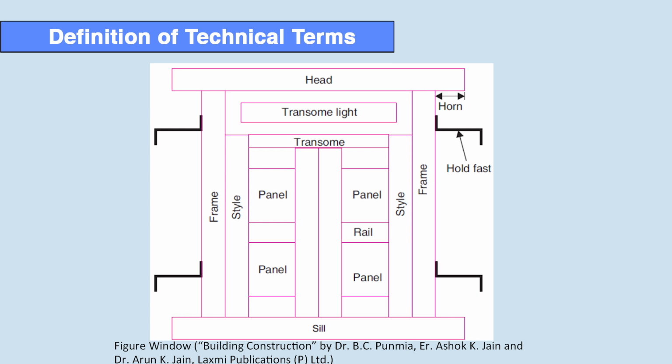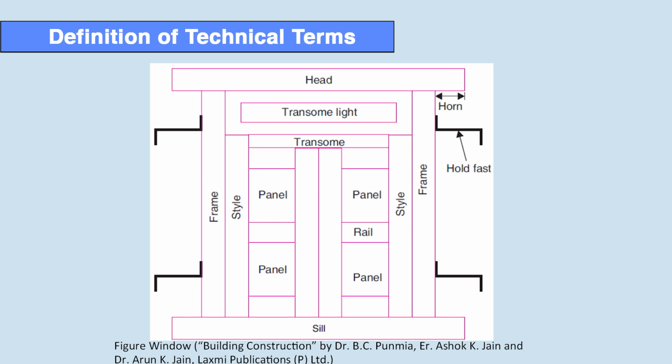Frame is nothing but an assembly of horizontal and vertical members that forms an enclosure to which shutters are fixed. Next important term is shutter. The openable part of a door or window consisting of stiles, panels and rails is known as a shutter.